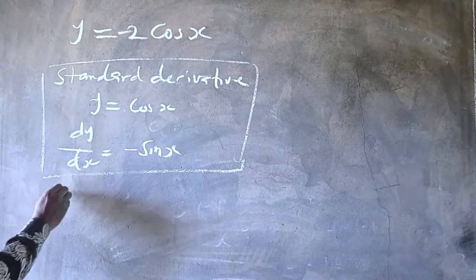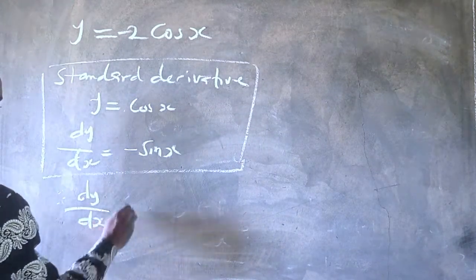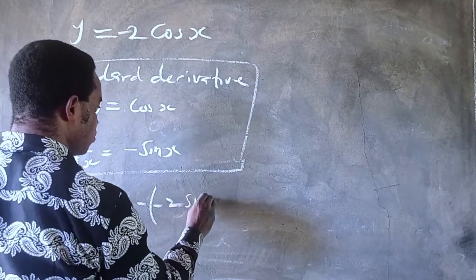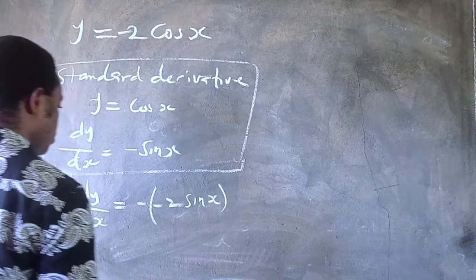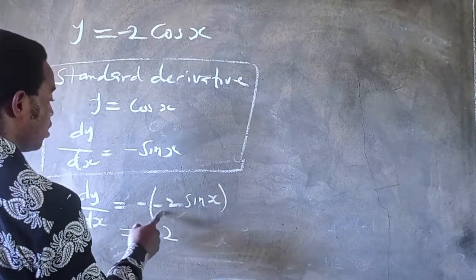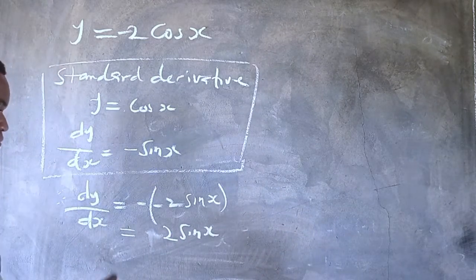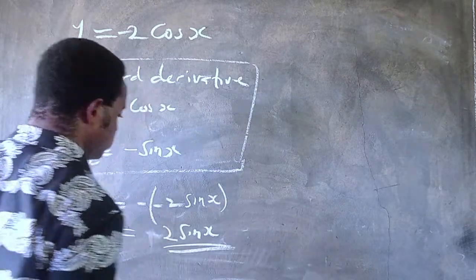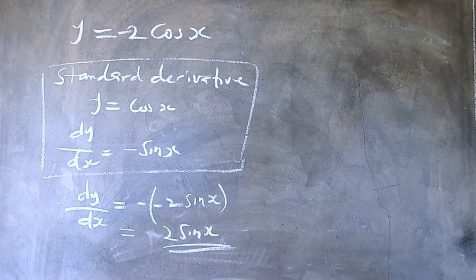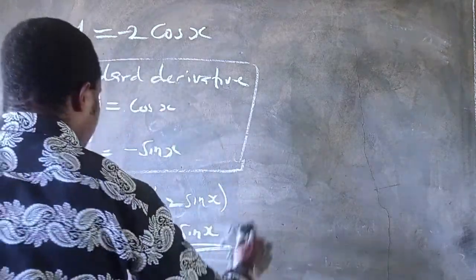So you can just go on and find the expression for dy/dx for that function, and that is going to be negative 2 times negative sine x, and that is going to be 2 sine x. Minus times minus is plus, right? And there you have it. Okay, let's go on now and see the last one.